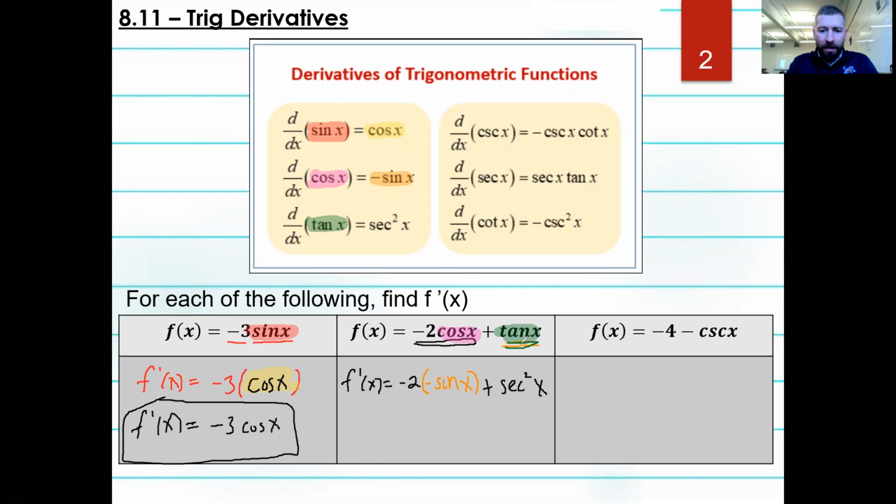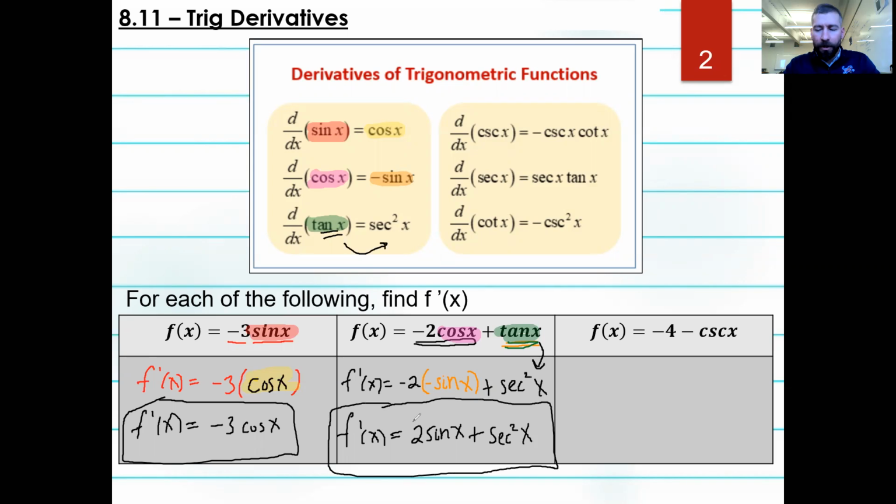Once again, I'm just figuring out what I'm taking the derivative of, and then what that is going to turn into. And that's what I'm going to replace in my function. So this would be my answer, but I'm just going to clean this up because we know -2 times negative sine. Think about that as having a -1 out front. -2 times -1 would be a +2 sine x plus that secant squared x. There's my derivative.